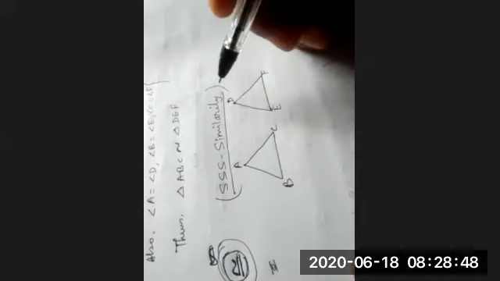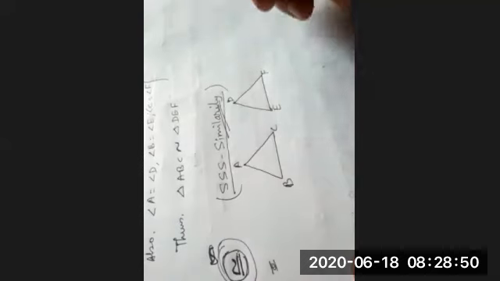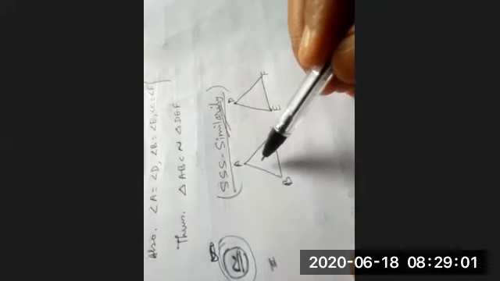We are talking about similarity now, so it is not always needed to be equal. Equal means congruency.